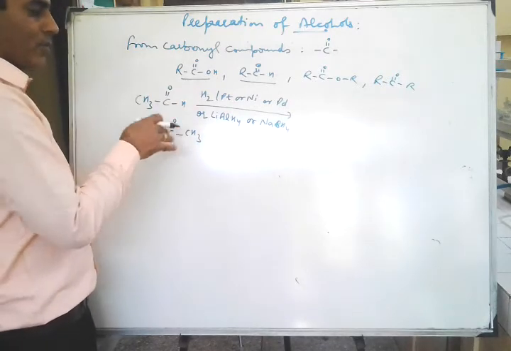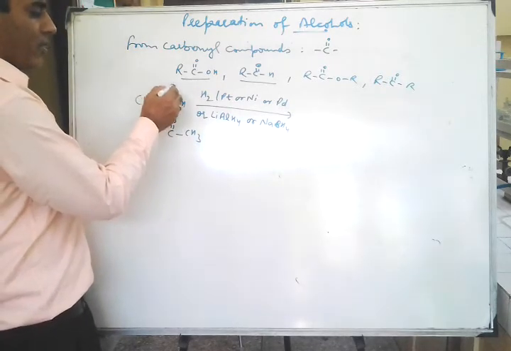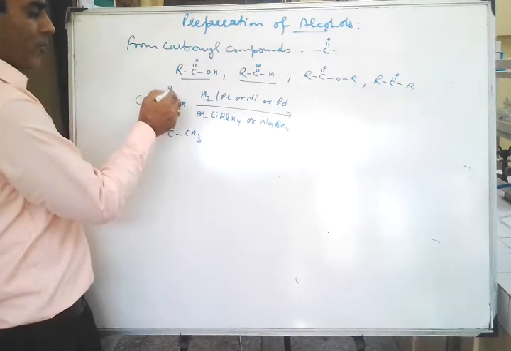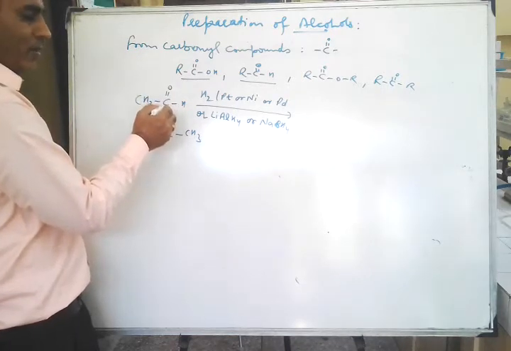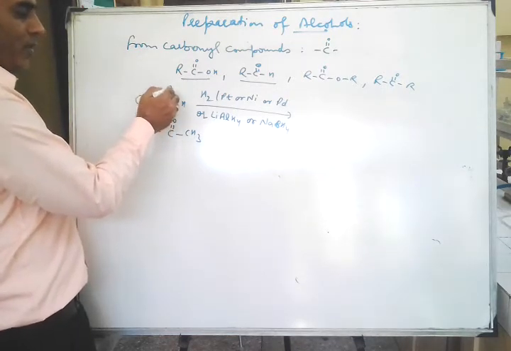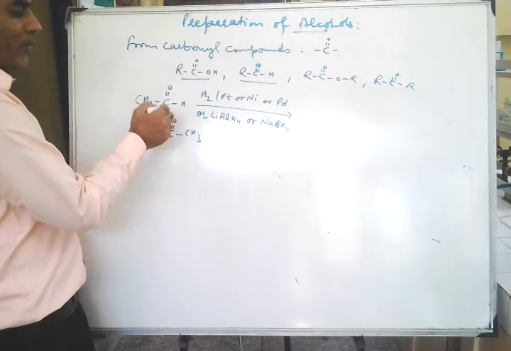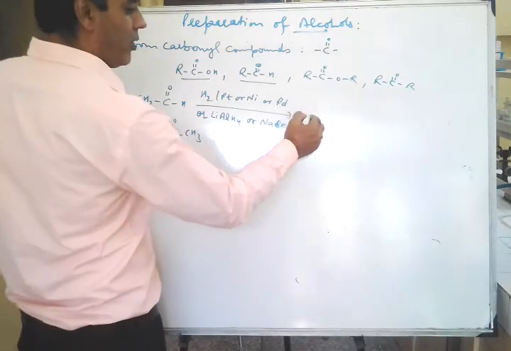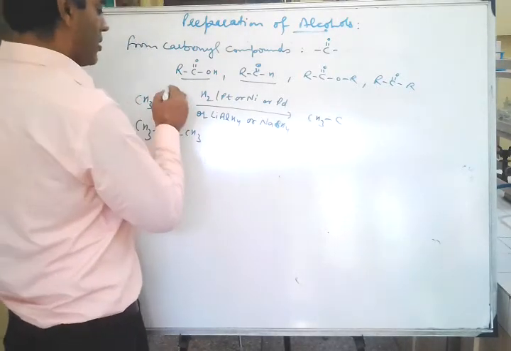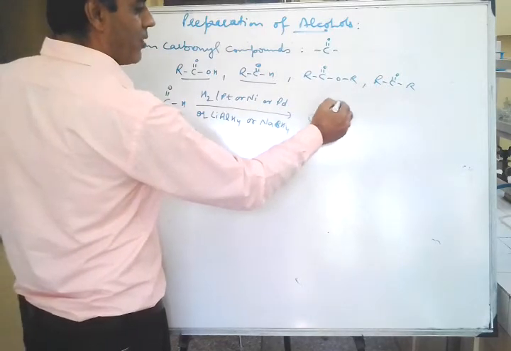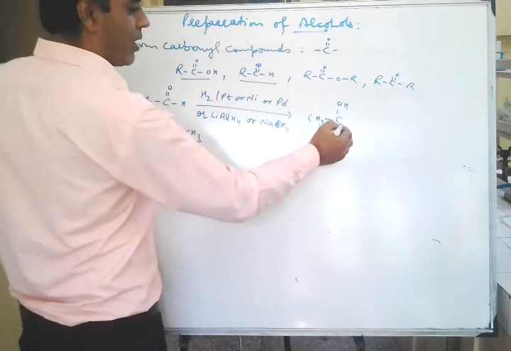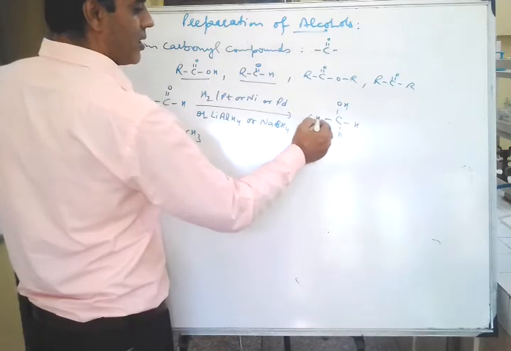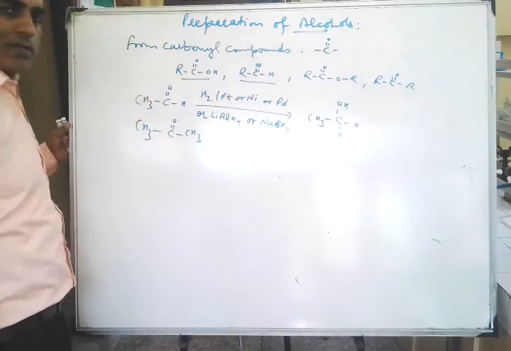They provide hydrogen. Right? So one hydrogen will get bonded here with oxygen and one with this carbon atom. So what you will get? CH3. So add one hydrogen with oxygen and one with carbon. So what is this? CH3CH2OH. That is alcohol is formed.